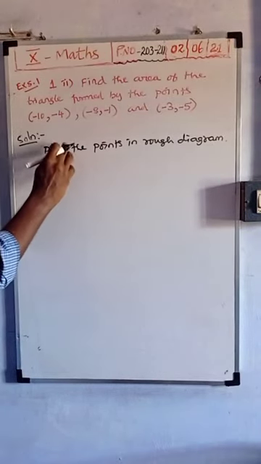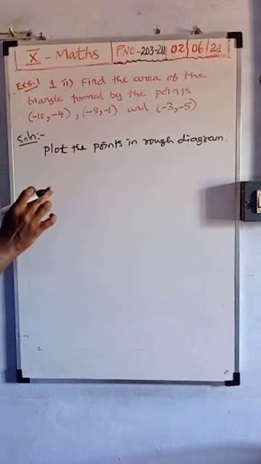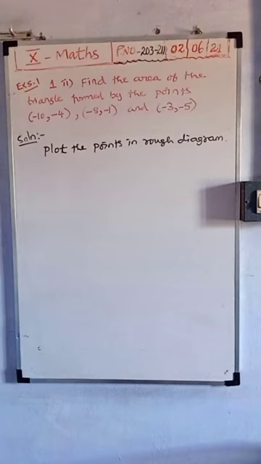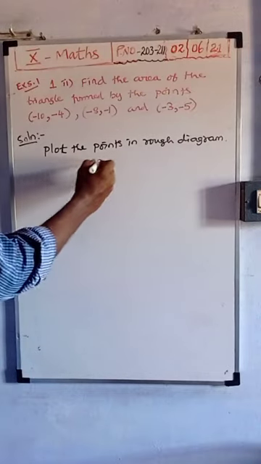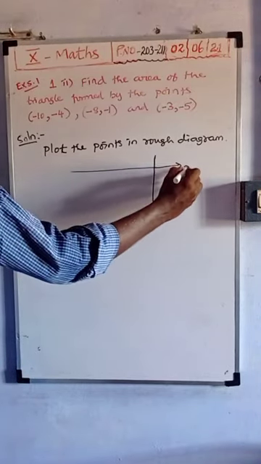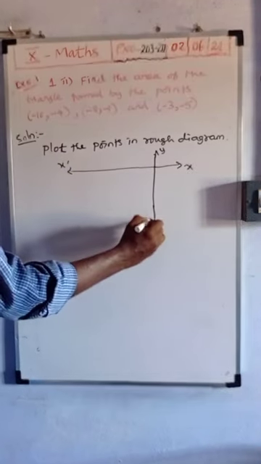Here first you check. First you draw the x-axis and y-axis. Now here all 3 points lie on the third quadrant, because x and y coordinates are negative. Therefore you choose only the negative axes, alone is enough. X dash, then y dash.